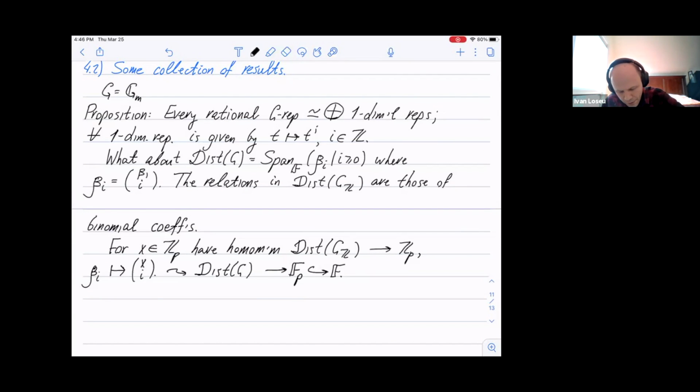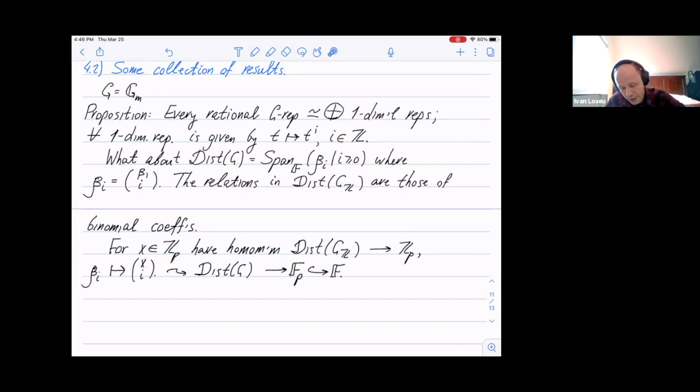So, before, for the algebraic group, one-dimensional representations were indexed by the integers. Now, I have a one-dimensional representation for every p-adic integer. And there is an obvious correspondence.